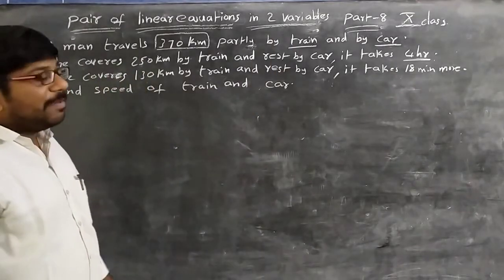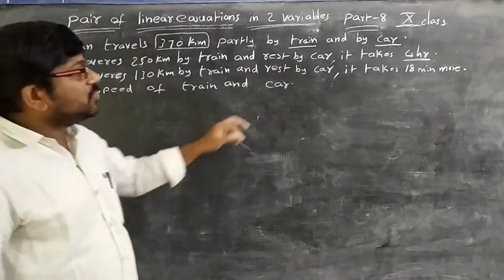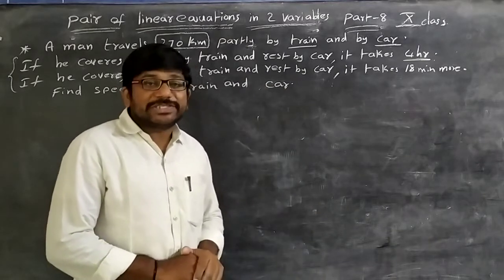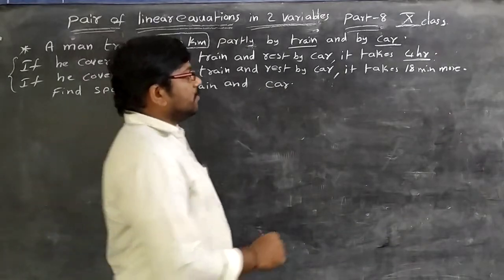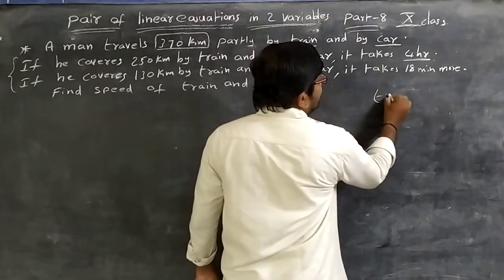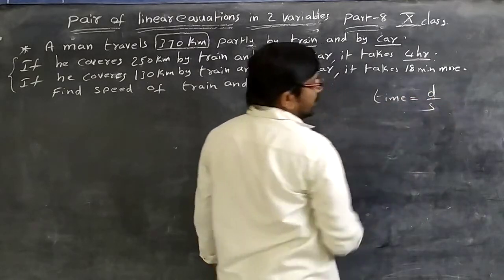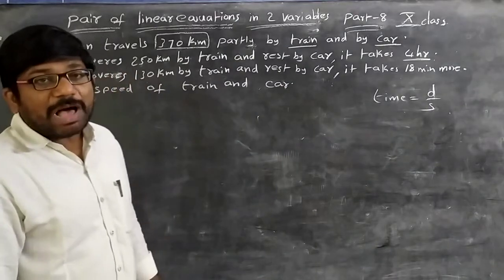Observe carefully. We know the time is given. So what is the time formula? Time is equal to distance by speed, time is equal to d by s.